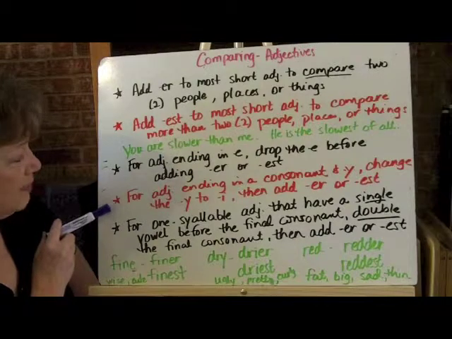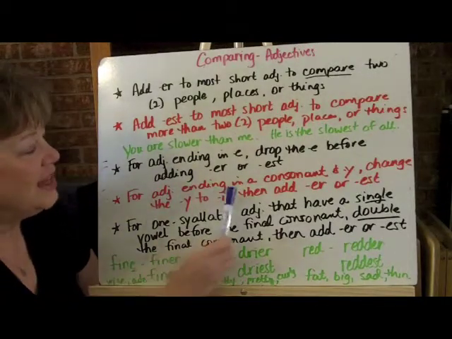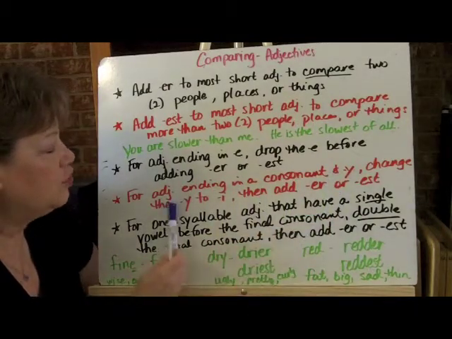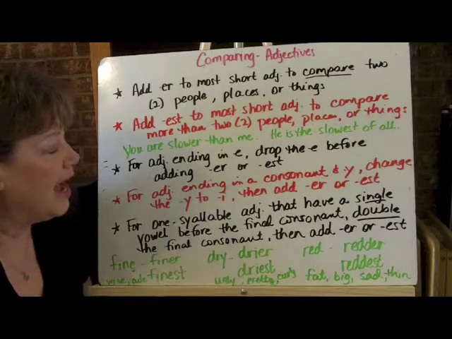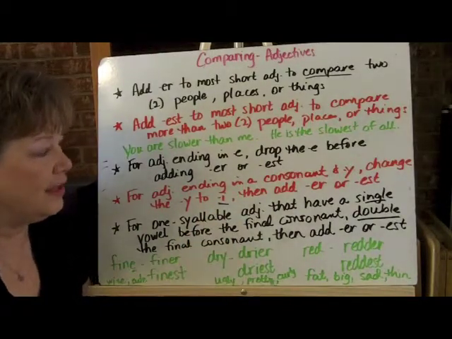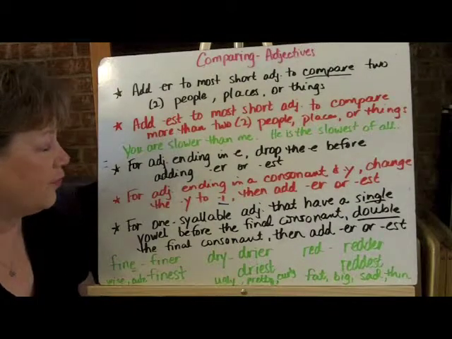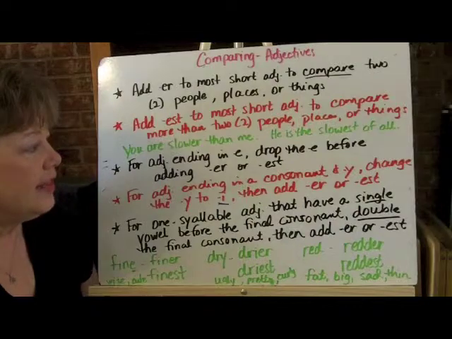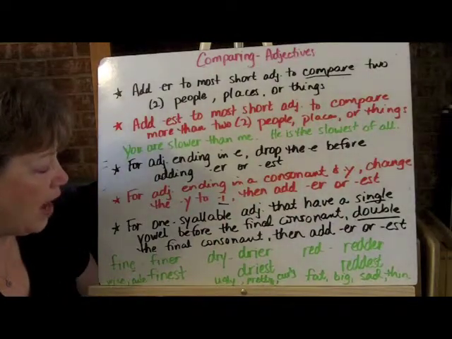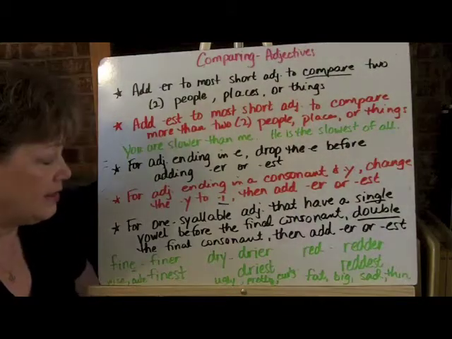The next one that adds to our little trickiness is for adjectives that end in a consonant and a Y. Then you change that Y to an I. Then you add the ER or EST. So for words that end in a consonant and a Y, you change the Y to I, then add the ER or EST.